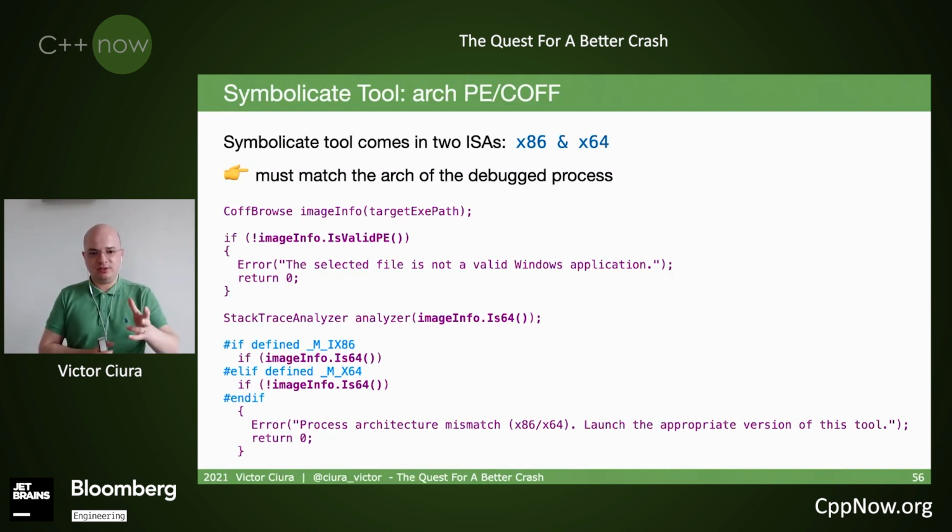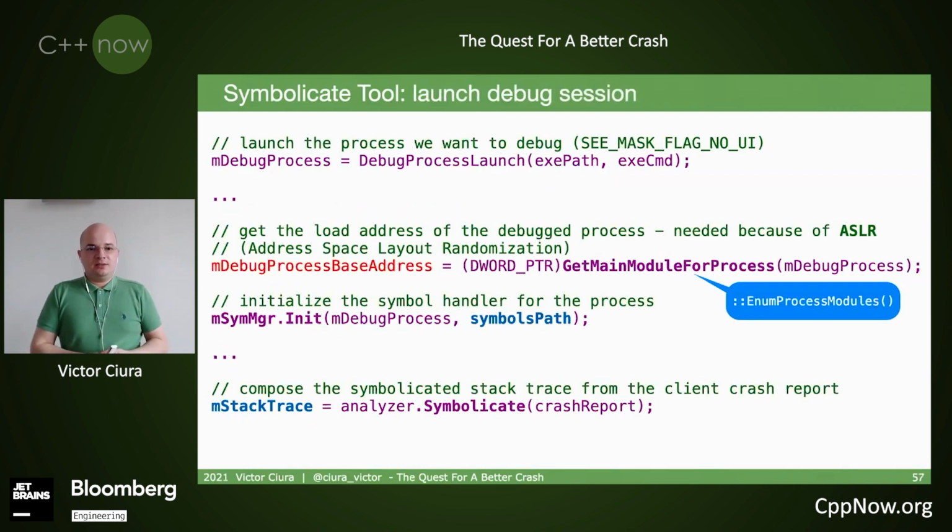And again, you can switch whether you have a 64-bit process or not to match the debugged process. And also a COFF browser, which is a helper for inspecting images and image formats. And debug process launch, like I said, launches your application in an instrumented mode, like a sort of debug mode, not quite, but sort of.